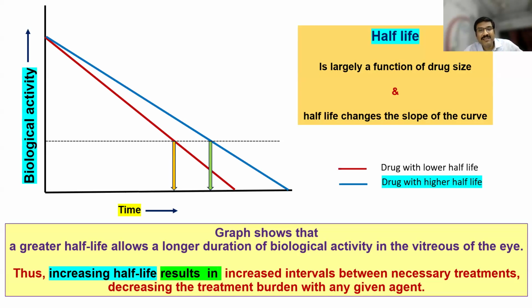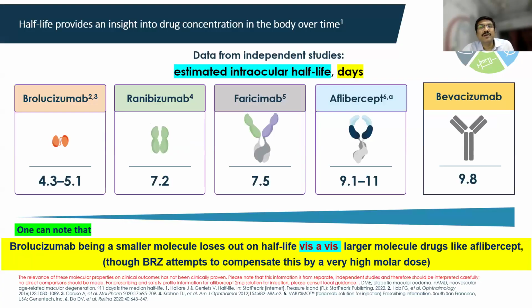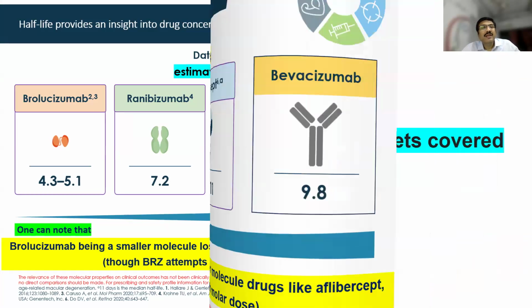Thus, increasing the half-life results in increased intervals between necessary treatments, decreasing the treatment burden with any given agent. Estimated intraocular half-life in days, you can see that brolucizumab, being a smaller molecule, loses out on half-life vis-a-vis larger molecules like aflibercept, though brolucizumab attempts to compensate for this by a very high molar dose.